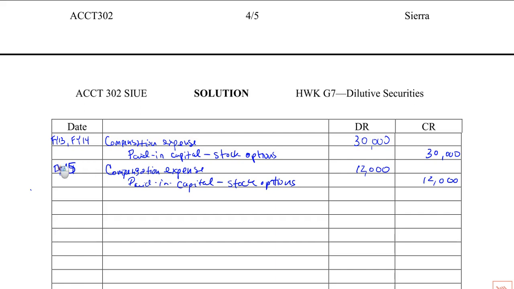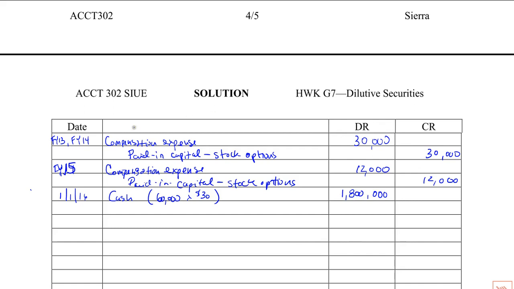Okay. Then on 1/1/16, we're going to have cash. If I remember correctly, it was for 60,000 shares, and the strike price is 30. 60,000 times 30 is 1.8 million. And you might say, where does the executive come up with that money?